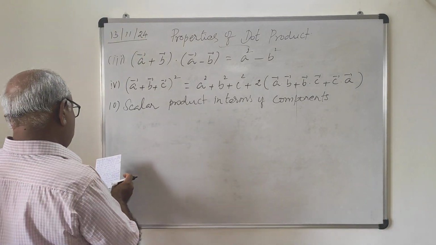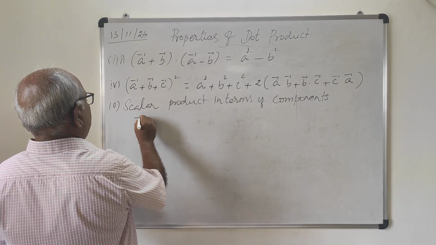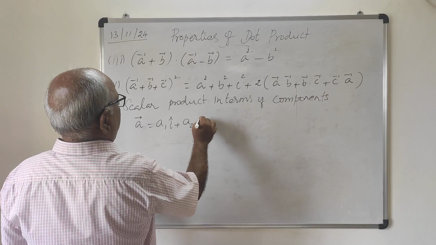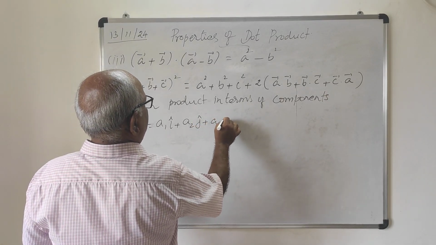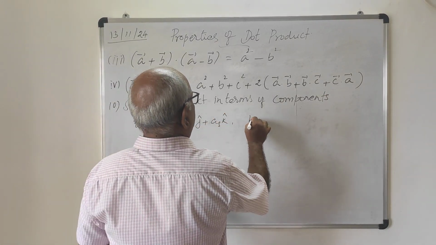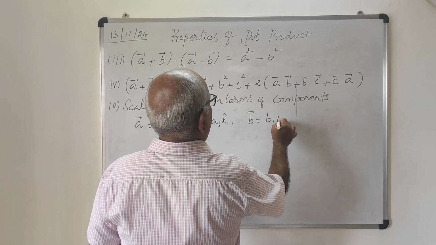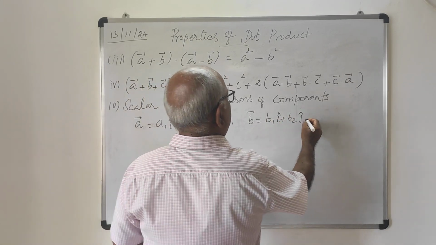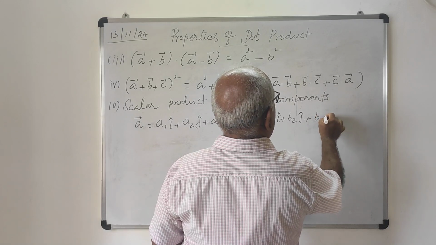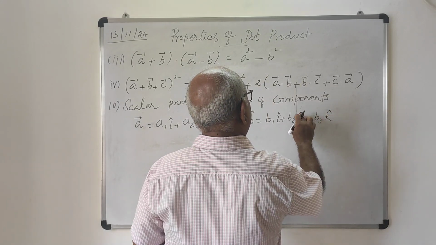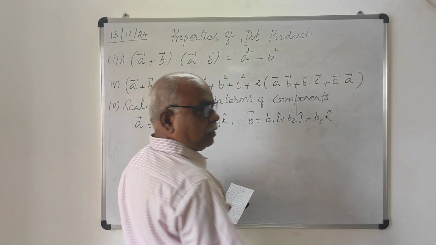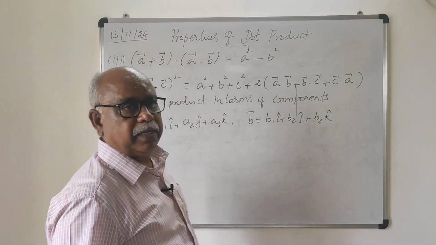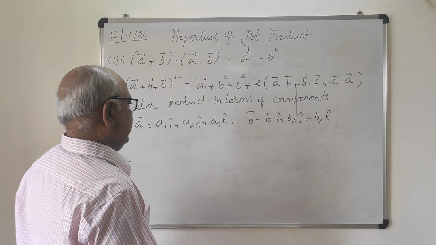Suppose a vector is given by a1i plus a2j plus a3k, and b vector is given by b1i plus b2j plus b3k.